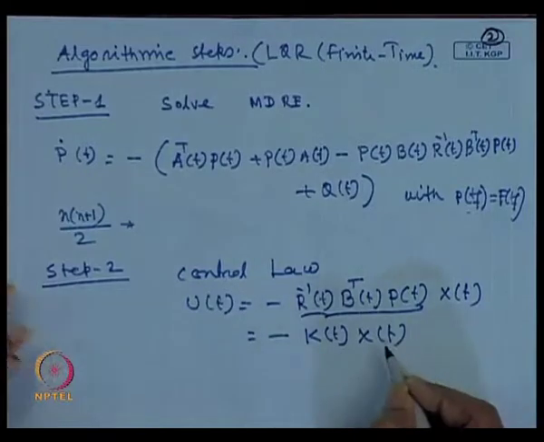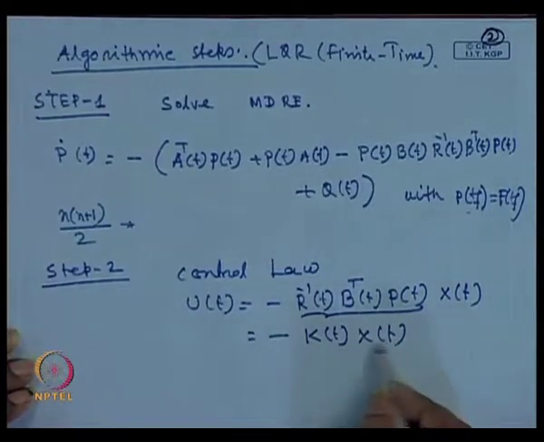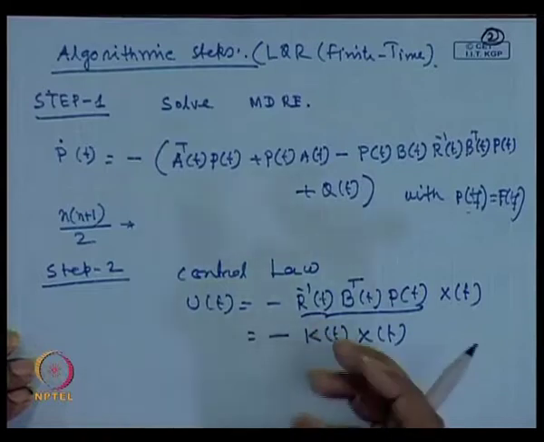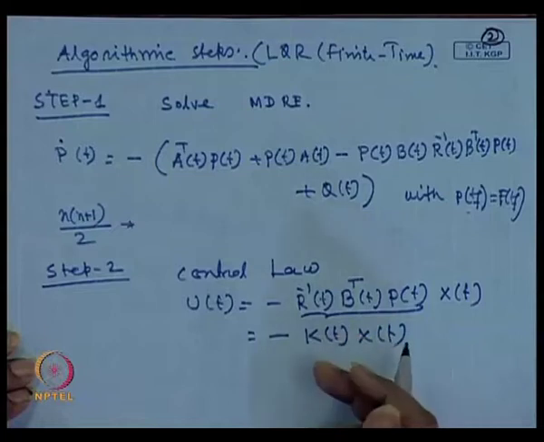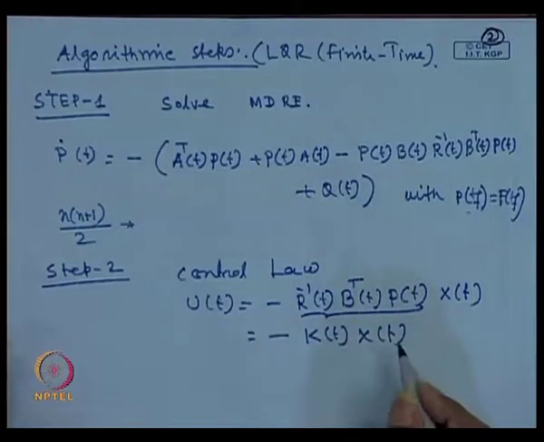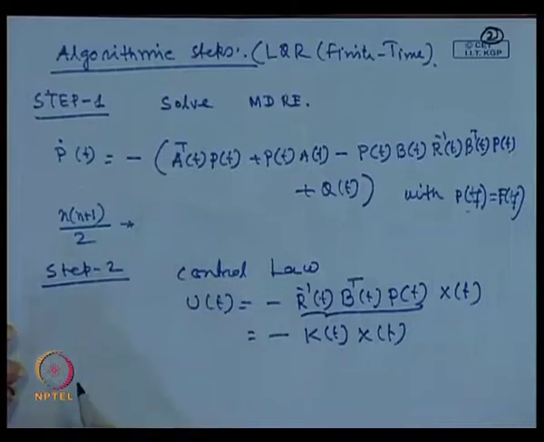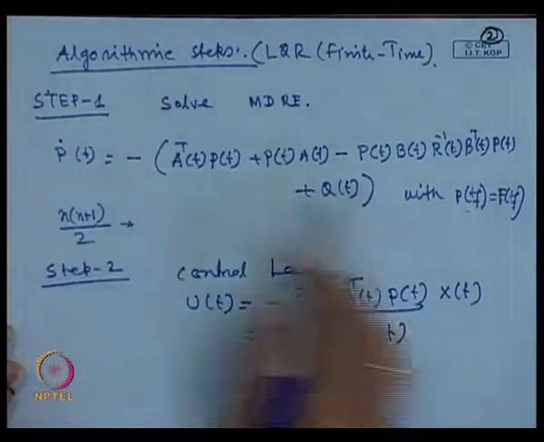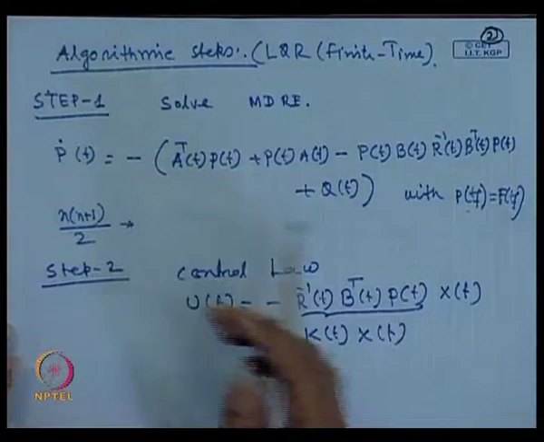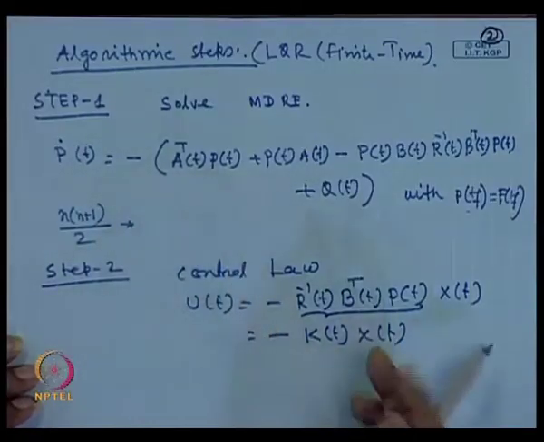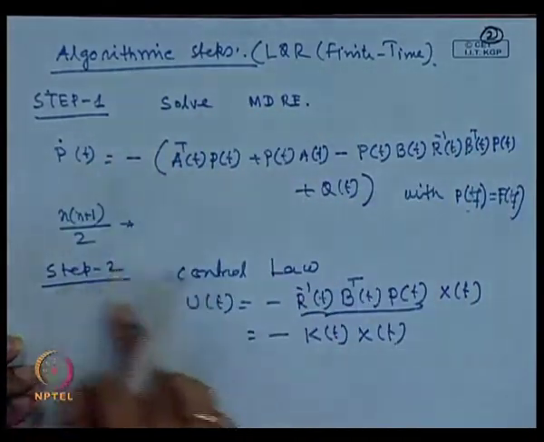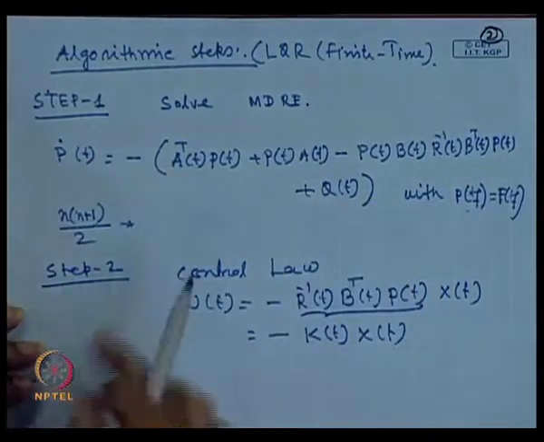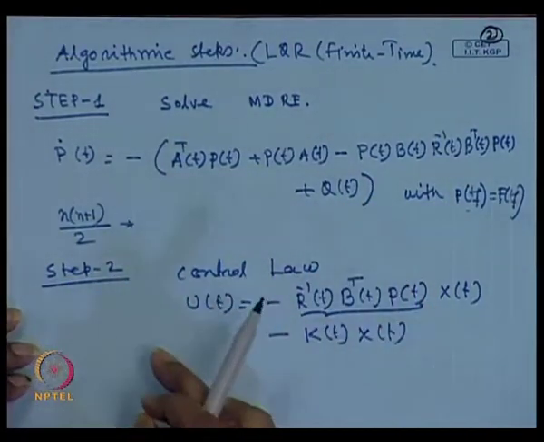It is just like a state feedback, where we use the information of the state to generate the control law, and that feedback gain varies with time. As I told you, for this solution you have to do backward integration and store all the information of the Riccati matrix P. This is an offline computation, then store it in a matrix, and then you compute u of t online.